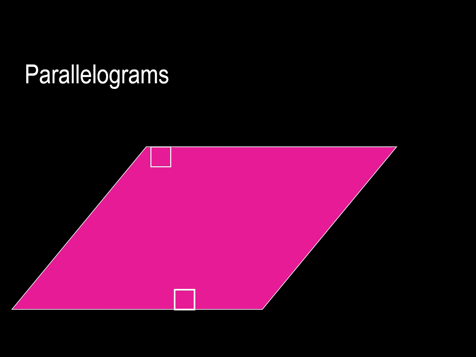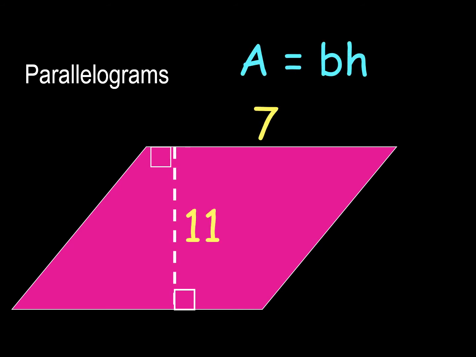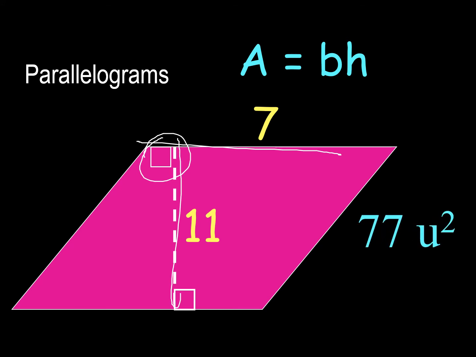So we're looking at this drawing, easy one. The base is meeting the height at a right angle, so that's your base, that's your height, 77 square units. That just means it's generic. It could be inches, feet, meters, whatever. Just units, whatever it is.